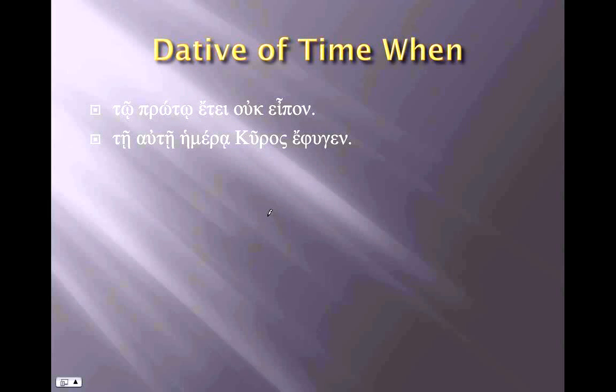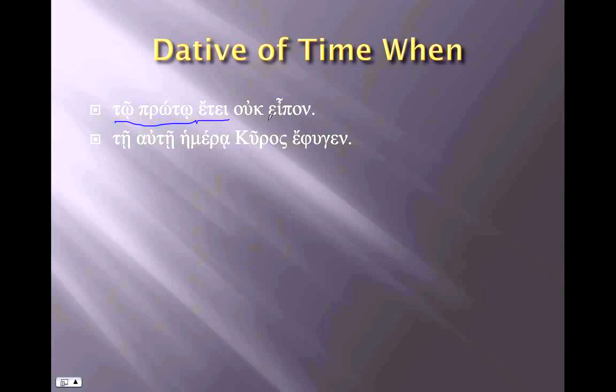The dative is used to express that point in time, right? And this is very similar to our dative of place where. The difference here is there's no preposition. So to proto ete, uk epon. In the first year, there's our time, and these are oftentimes going to be things like ordinal numbers, right? So first, second, third. So in the first year, there's our time expression.